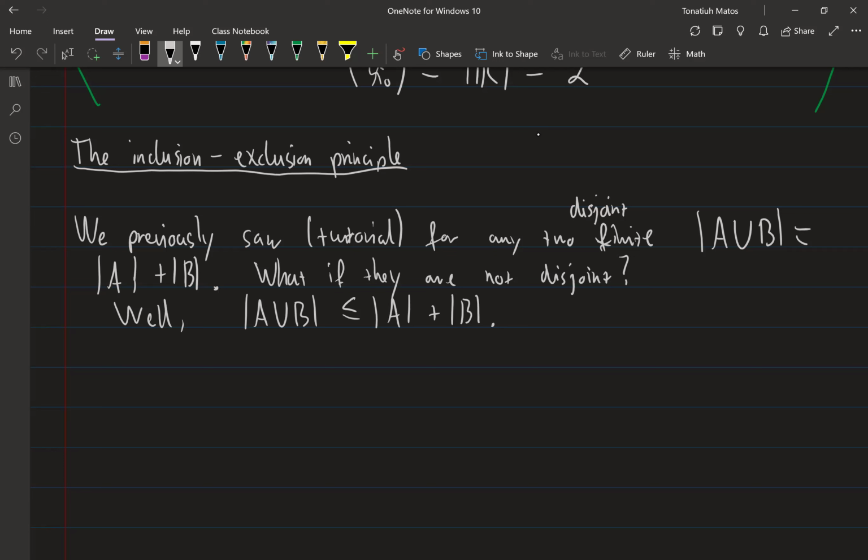And this is because if they were disjoint, this sum would be maximized. So if they are not disjoint, in the worst case, they overlap and the union shrinks, but it couldn't possibly become bigger than the total number of elements that I already have when I add them up, right? But of course, this inequality could be strict, and it's very easy to find examples. You could take any set of size 10 and take the union with itself.